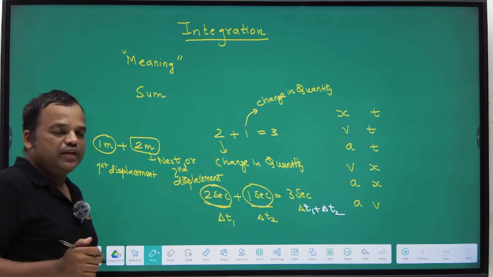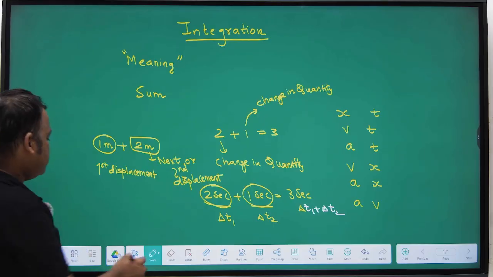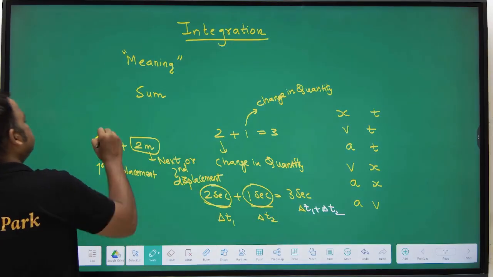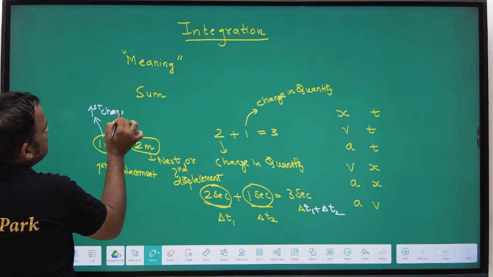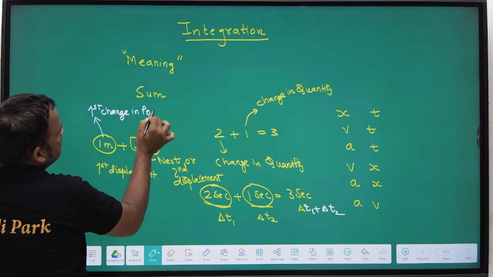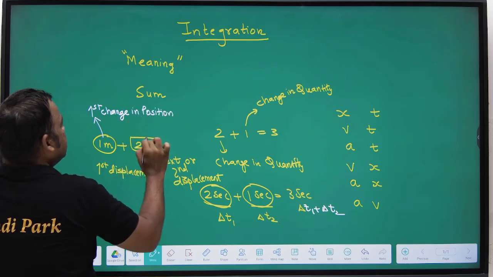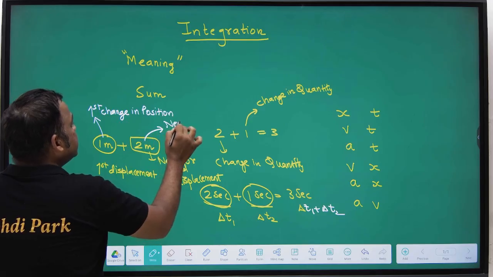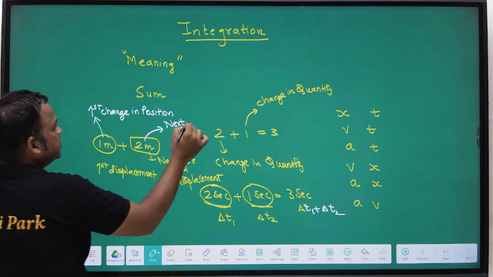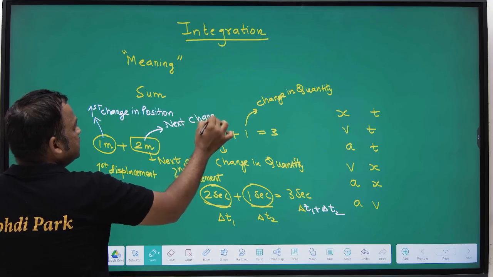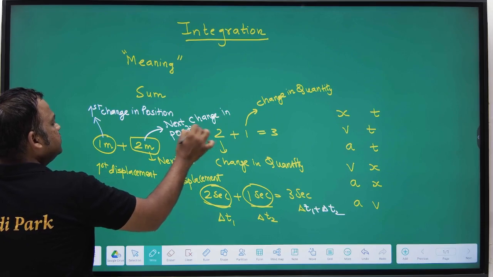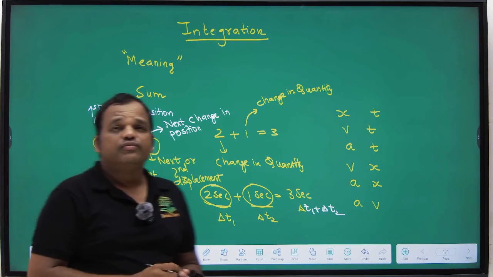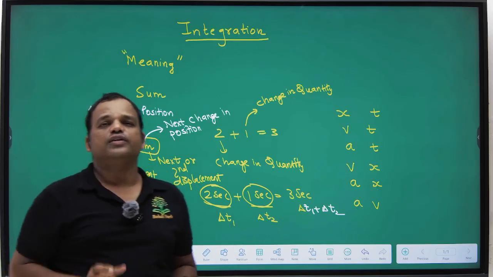So we can call it change in position. This is the first change in position, and this is the next or second change in position. So we have change in quantity.